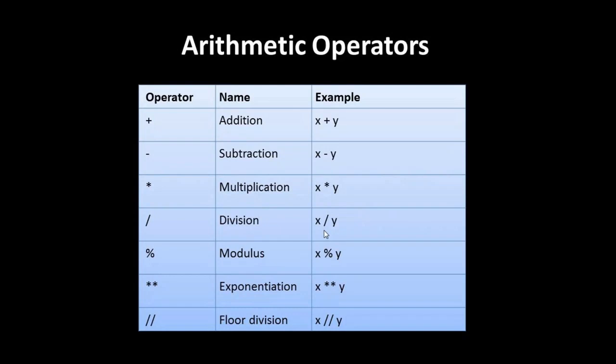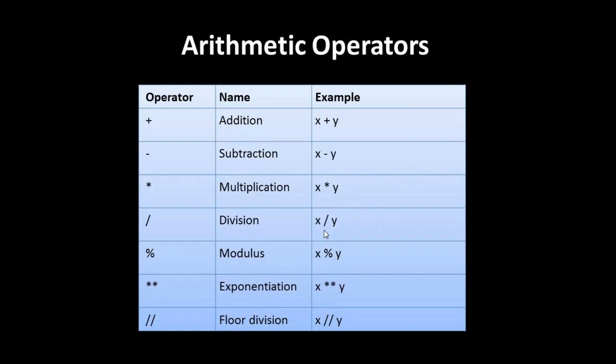And this is a new operator that we are seeing here, called floor division. Normally when you divide, for example 5 by 2, the answer is 2.5. But when you want the integer output of the division, then we can use the floor operator, x double slash y.